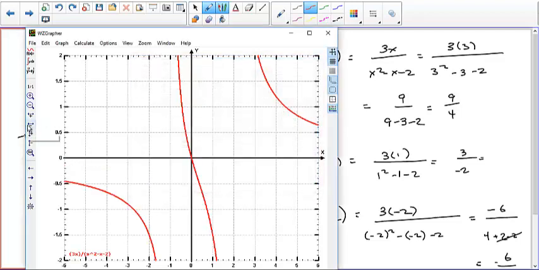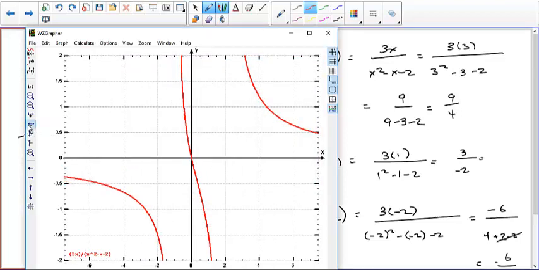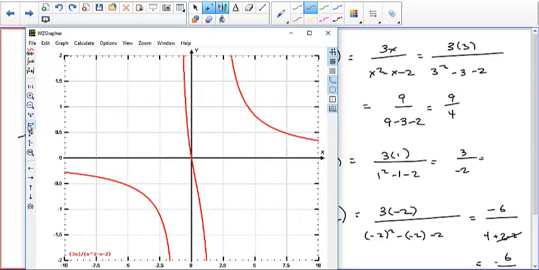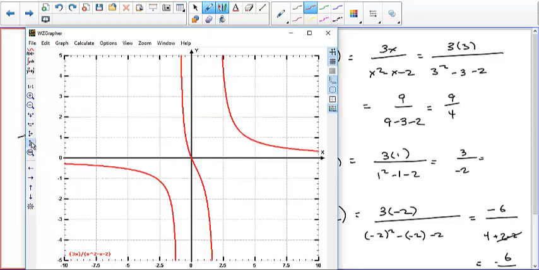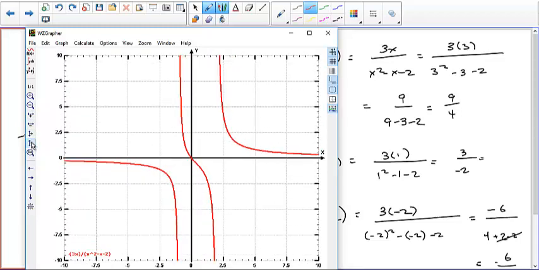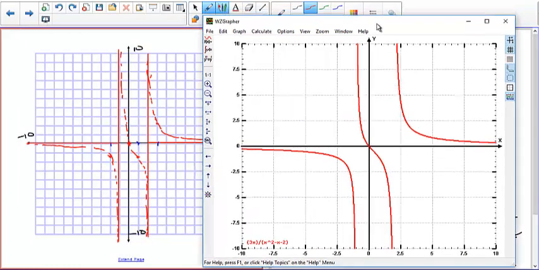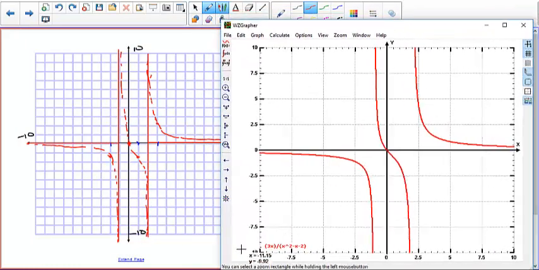Let's zoom out so we can get from -10 to 10 in that direction, and the same thing in the other direction. So there we go. Let's pull that over. So there you can see the x-intercept, horizontal asymptote of 0, vertical asymptotes at -1 and +2.